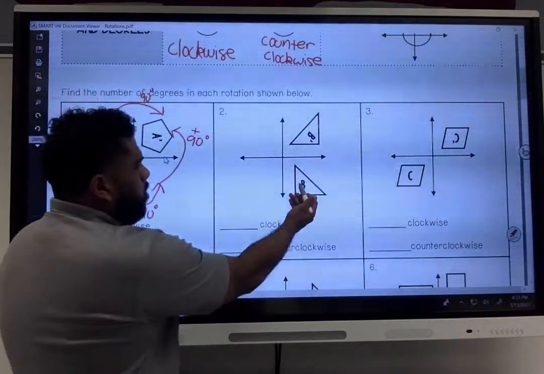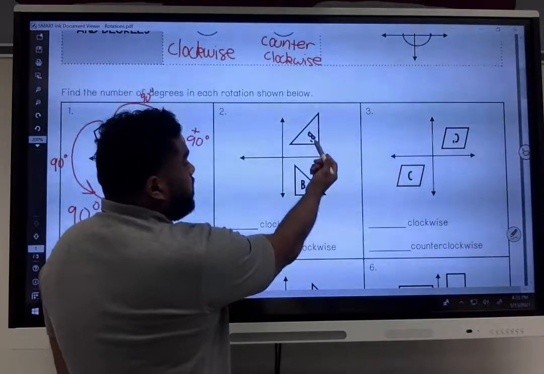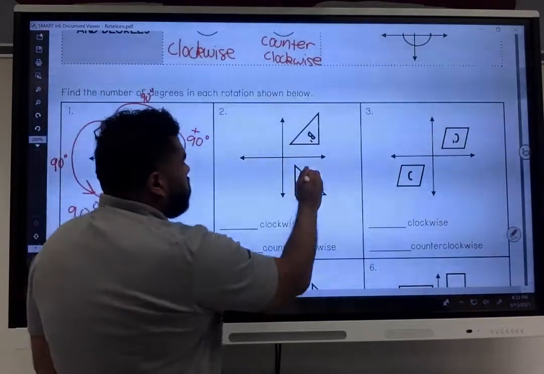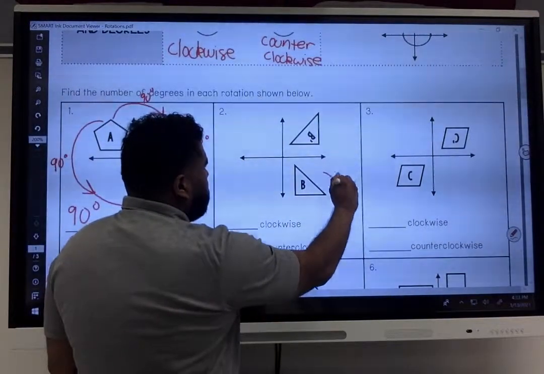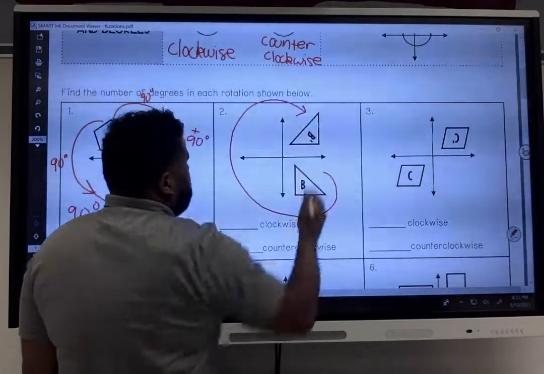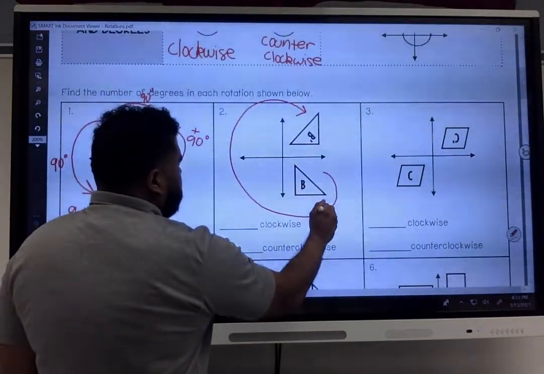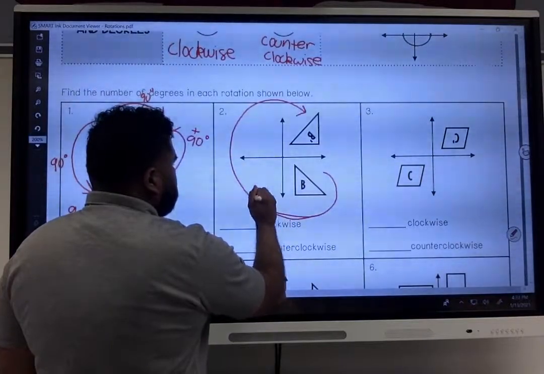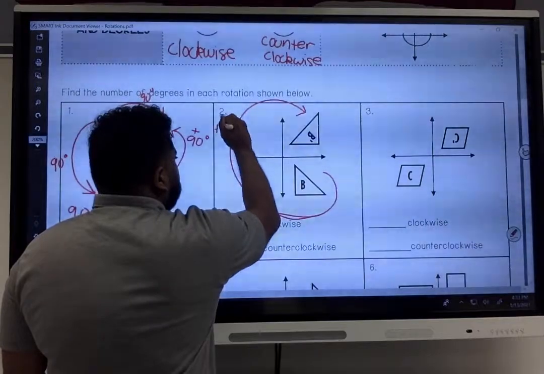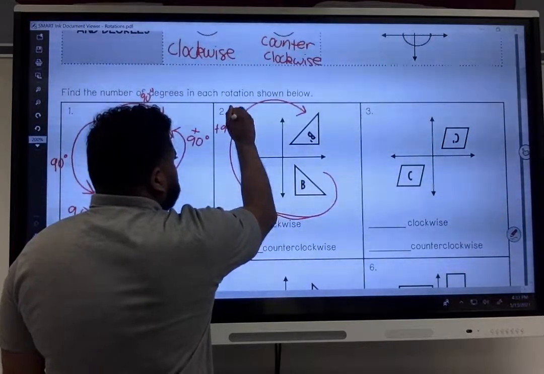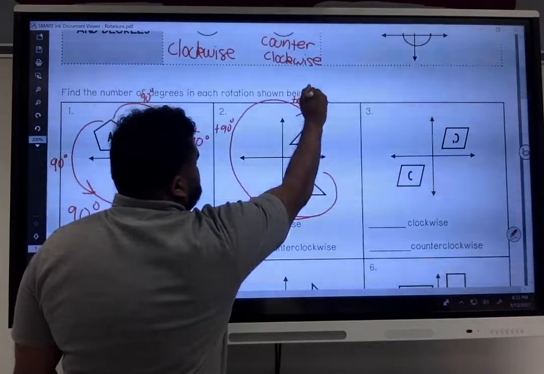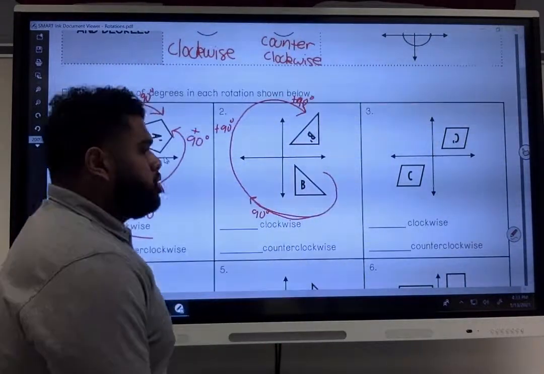Okay, let's look at this one. Again, we start out at this triangle B down here and not this one, because that one has the prime mark. If I go clockwise, I need to go like this. Whenever I go right here, that's 90 degrees. I'm going to add another 90 when I go into quadrant 3, and then another 90 to get to quadrant 2, quadrant 1.